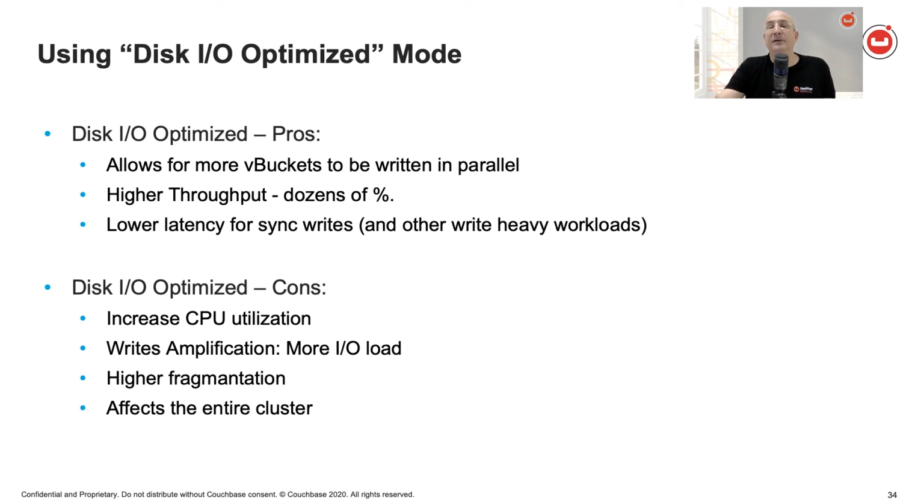However, disk I/O optimized will increase the CPU utilization, and it will cause more I/O load, and it will produce higher fragmentation. Note that this setting will impact the entire cluster and not just a specific bucket. So, changes to the default thread allocation should not be made to production systems without prior testing.